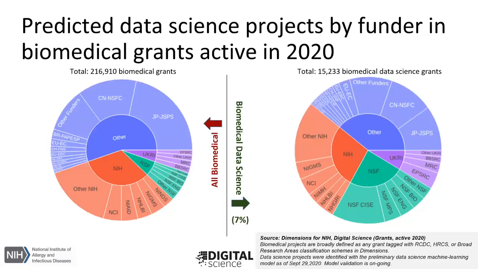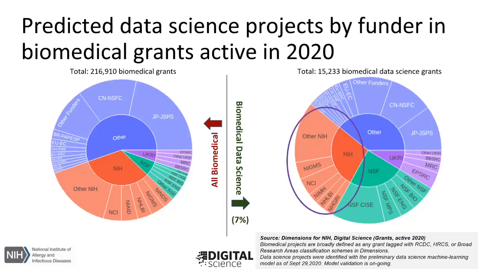We know NIH is a dominant player in this space, and that's exactly what we see. We also see some other interesting things, like some of these other funders, NSF or UKRI, seem to have a much smaller presence in the biomedical space, but when we go to this biomedical data science space, they actually become much more significant. Now, this is still preliminary results. We would need to go and validate all of that if we really wanted to say something concrete, but as a preliminary result, it's very interesting.